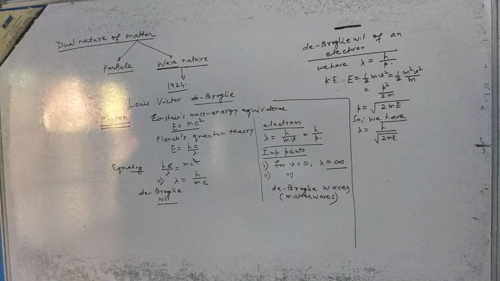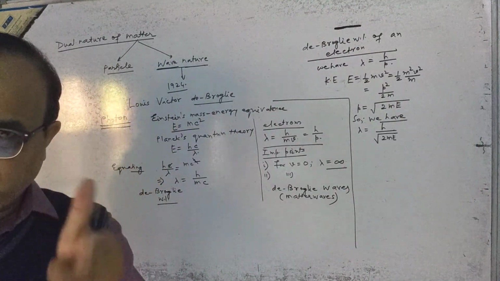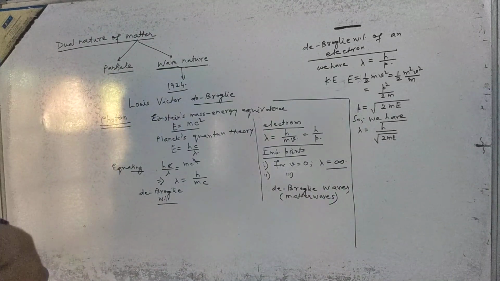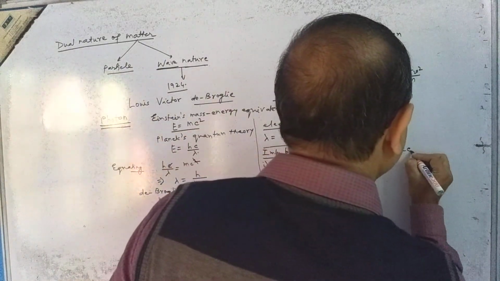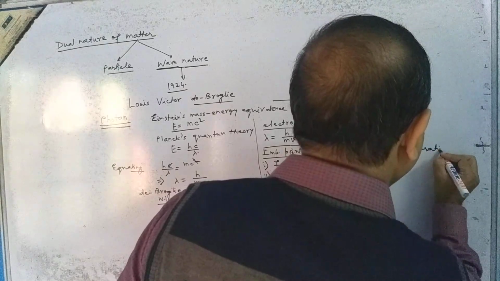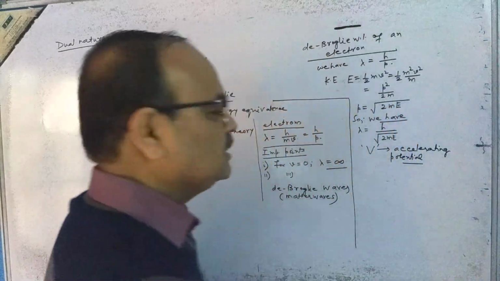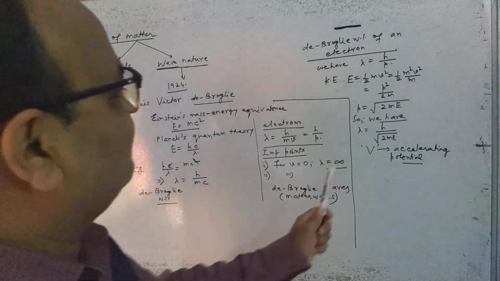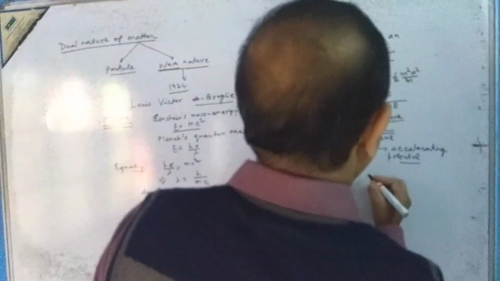And another expression. Now, if an electron is moved under a potential difference of capital V, which is called its accelerating potential, in that case what will happen?